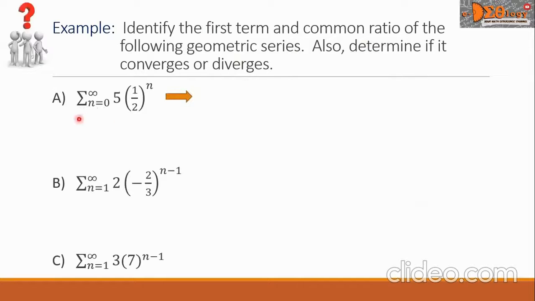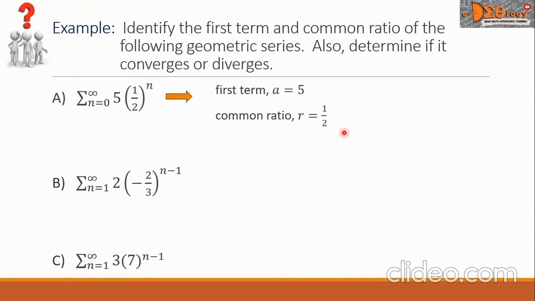Let's start with problem A. Summation of n equals 0 up to infinity. The function is 5 multiplied by the quantity 1/2 raised to n. Here, the first term, which is a, is equal to 5, while the common ratio, or r, is equal to 1/2.